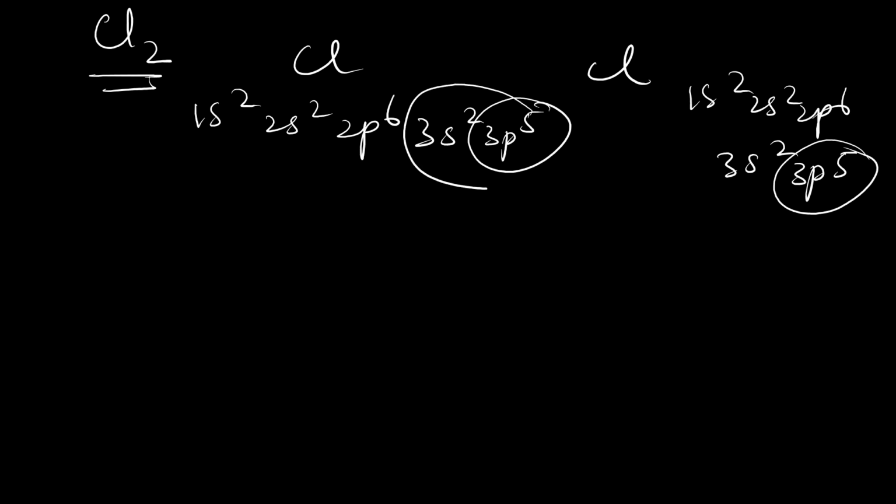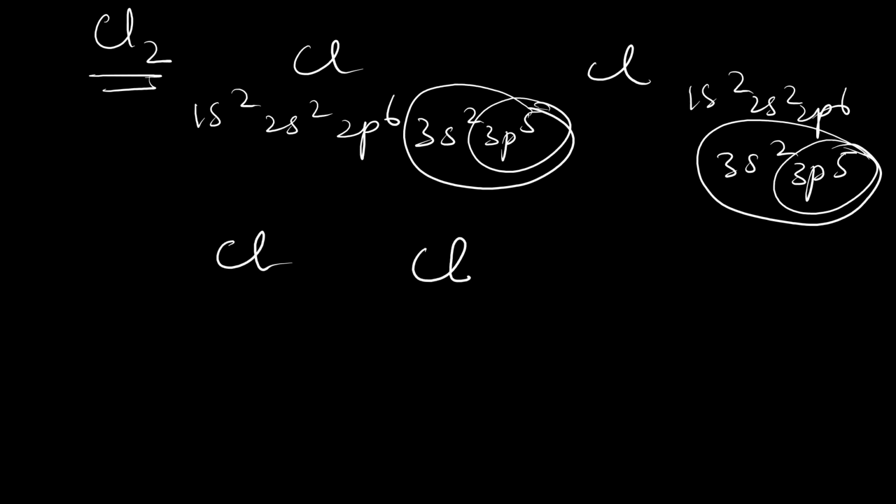So this is our last shell. The total electrons in the valence shell of each chlorine is 7 electrons. So we write the dot structure. These are called dot structures, or Lewis electron structures, or Lewis dot structures. We write only the valence electrons because they are the only electrons involved in bond formation.